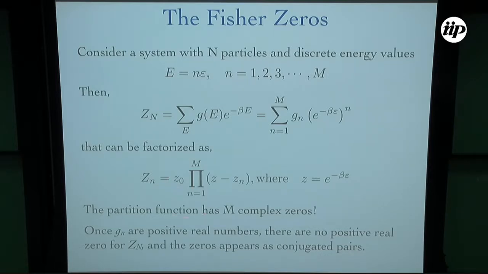If you have m different energy levels, you have m complex roots for this polynomial, and the numbers of states are positive real numbers, so the roots appear as conjugate pairs, and there is no positive real zero of the partition function. It's a positive number.